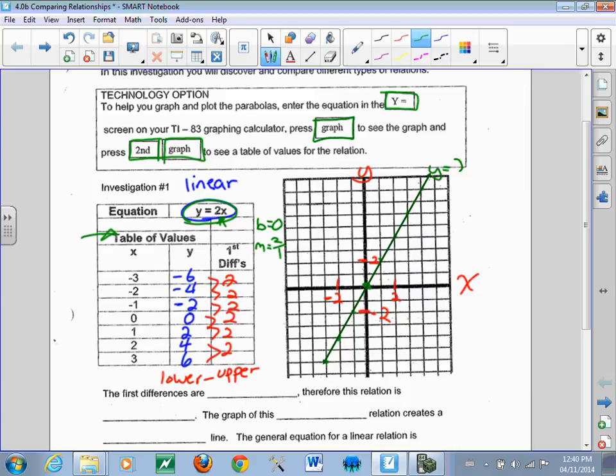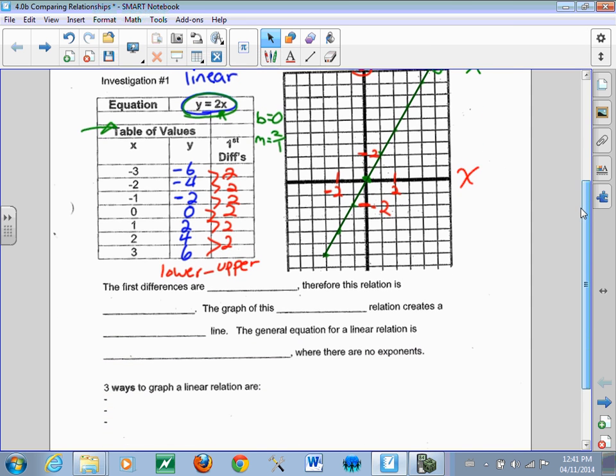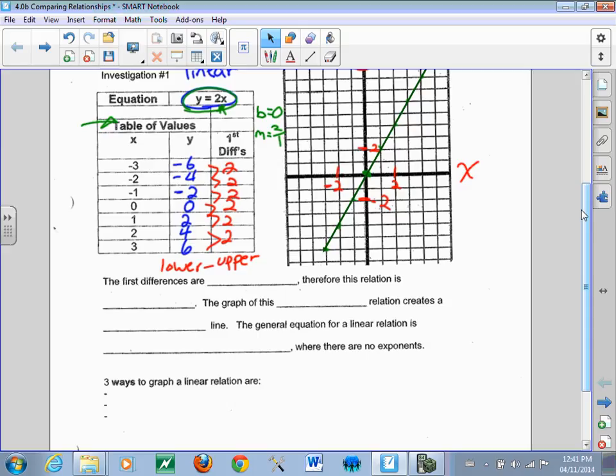y equals 2x. All right. Let's answer the blanks down below. The first differences are equal or the same. Therefore, this relationship is linear. Hopefully you remember that from grade 9 as well as what we've already done this year in Unit 1.